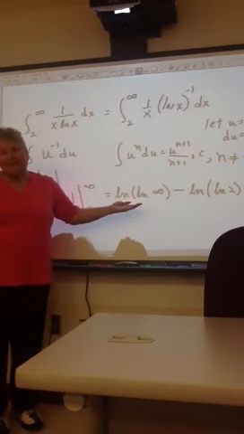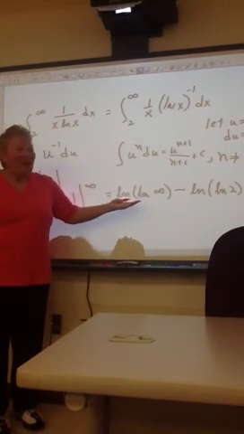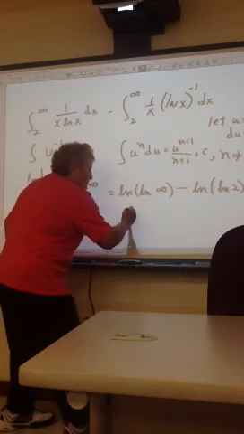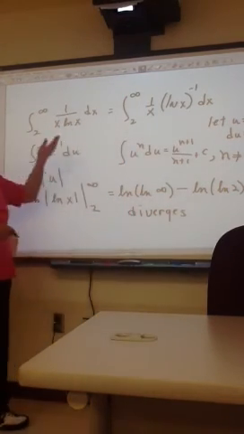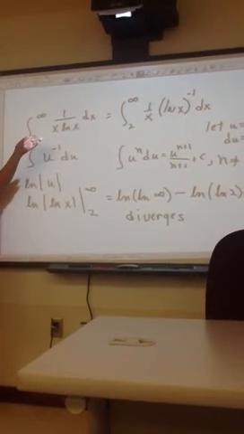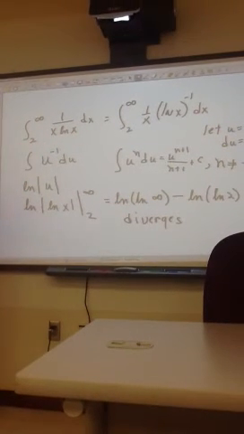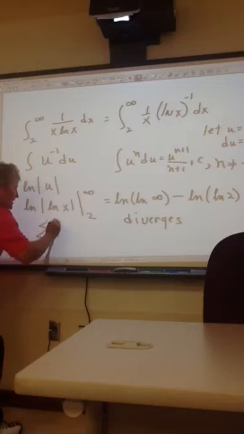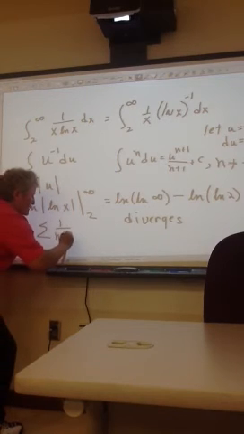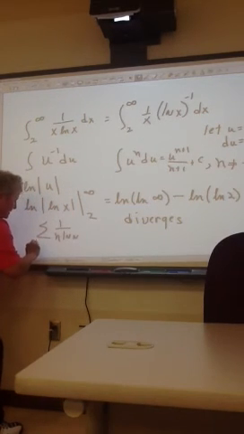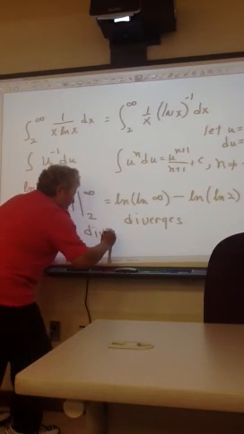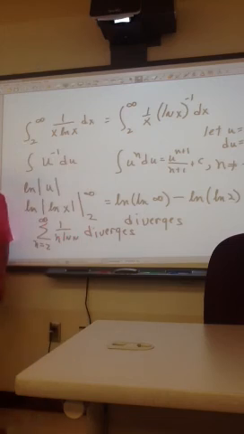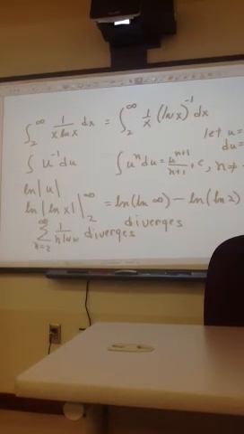But this piece is some big old fat infinite amount. It diverges. And the integral test says that if the integral diverges, so does the series. So finally, our answer is that the infinite series diverges.